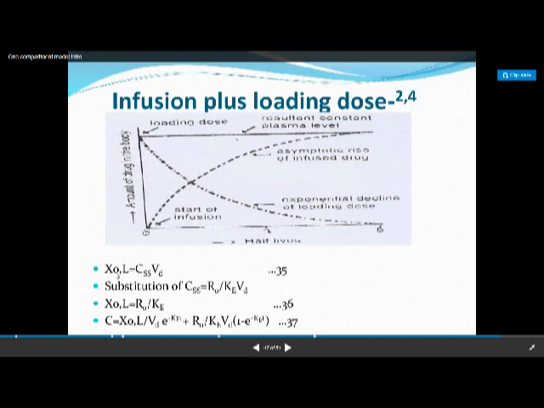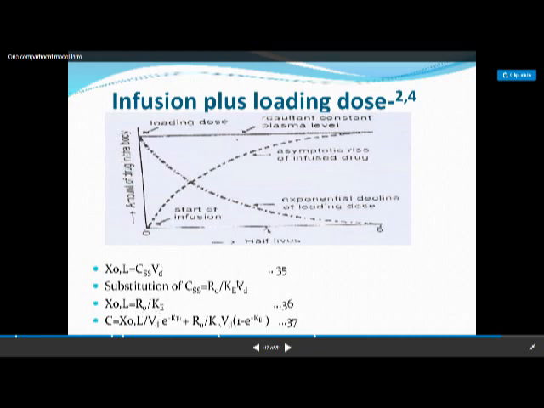If we name it X0L, the loading dose is equal to CSS into VD. Substituting CSS, we know that CSS is equal to R0 upon KE VD. Putting this value in the above equation, equation 35, we get X0L is equal to R0 upon KE.